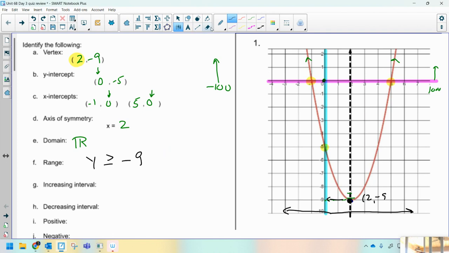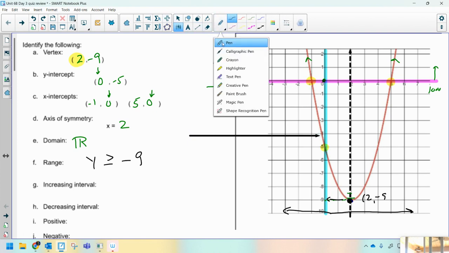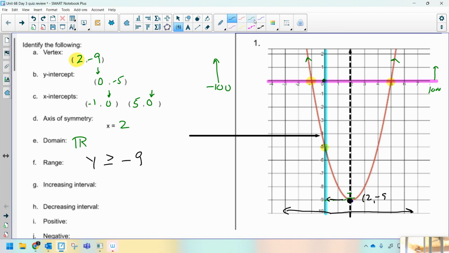All right. Increasing interval. Here we go. We're going to come in from the left side, all the way from the left side, and we touch our parabola. Okay, we stop right there. From there, we're going to go towards the vertex, which is going to be down. So this side, because we went down, is decreasing, and the other side is increasing. Now, the left side is always our less than side, and our right side is always our greater than side.